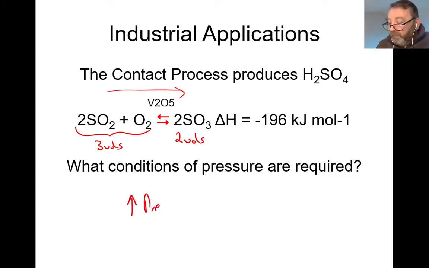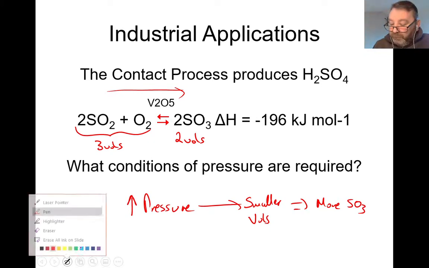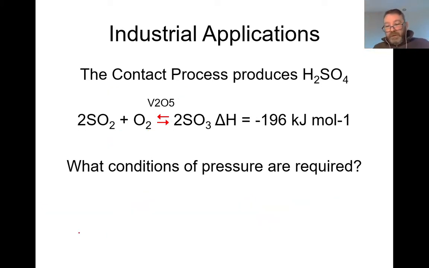So an increase in pressure here will cause a movement of equilibrium over to the right-hand side, to the smaller volumes, which means I'll get more SO3 produced.